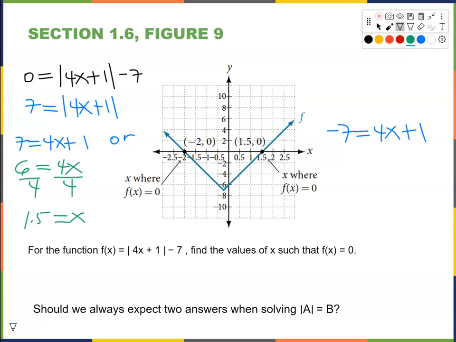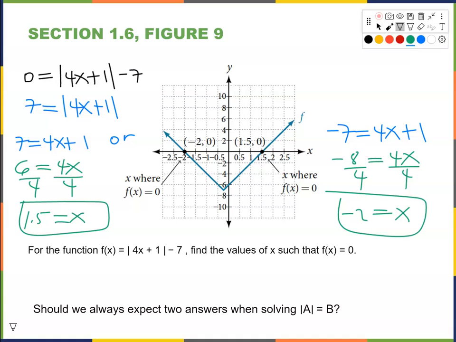The other one, subtract 1, so this is negative 8 equals 4x, then divide by 4. Negative 8 divided by 4 is negative 2. So the function's output is 0 when x is equal to 1.5 or x is equal to negative 2.